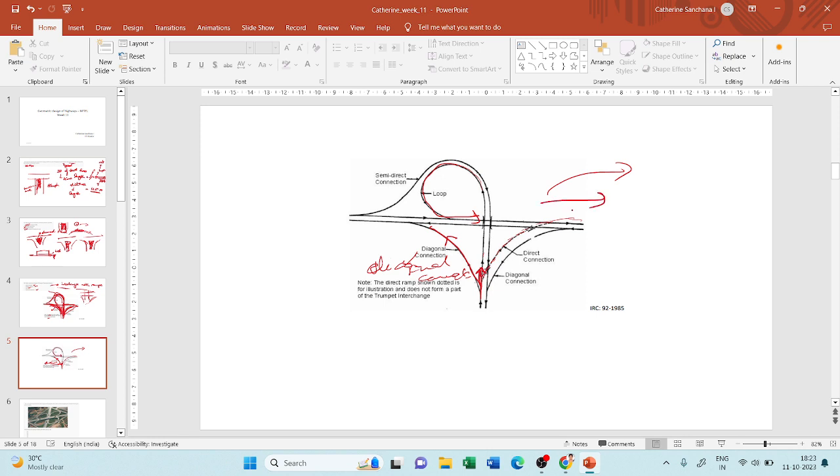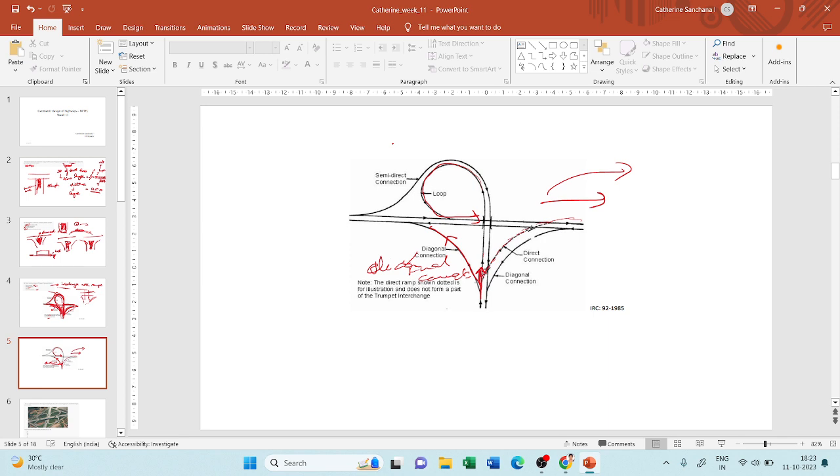Anyway, you've been directed to the correct direction, but the way you are directed is different. One way is a direct connection and the other way is a loop. Both of these will not be provided for the same interchange. They'll provide only one. Now, what is the difference between these two? You want to go right.